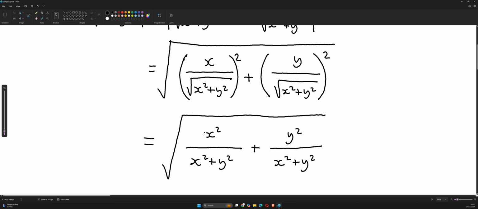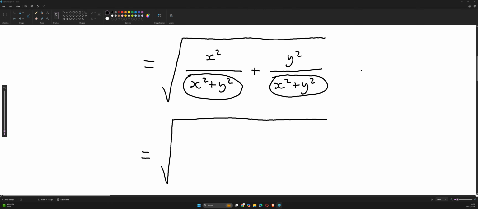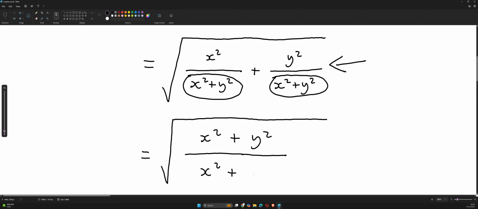Okay, now in this situation over here, we can have one fraction because the denominators are the same. So let's simplify it further. So if we look at what we have over here, that means that we have the square root of x squared plus y squared over x squared plus y squared.